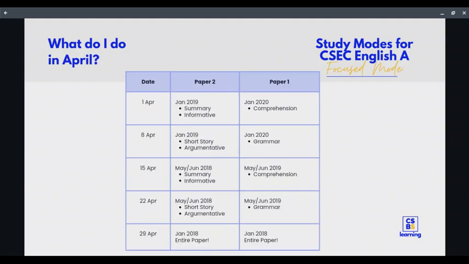And in April, it's Jan 2019 for paper 2 and May, June 2018 for paper 2, with that same process. Paper 1, Jan 2020 and May, June 2019. At the end of April, you want to try and do an entire paper in one week. That's all that you need to do.